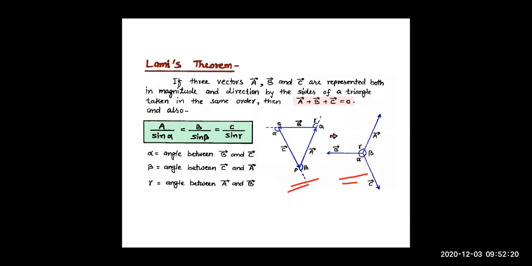Here this is vector A, and the angle opposite to it is alpha, so A upon sine alpha is equal to B upon sine beta, where B is the next vector and the opposite angle is beta, and that is equal to C upon sine gamma, where C is the third vector and the angle opposite to it is gamma. So this is Lami's theorem, a very, very important theorem.